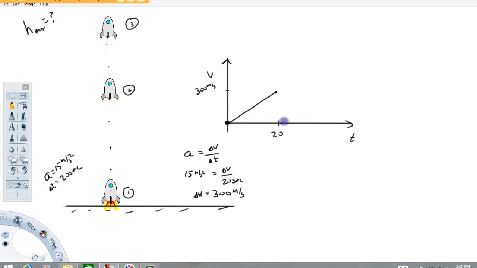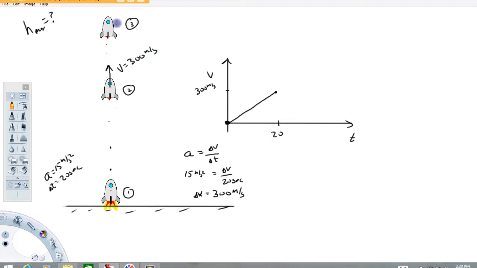From 20 seconds on, the rocket's engine is off. It's run out of fuel, or somebody just turned the boosters off. So at this point it's basically a free fall particle. The velocity vector at position 2 points up, and it's at 300 meters per second.